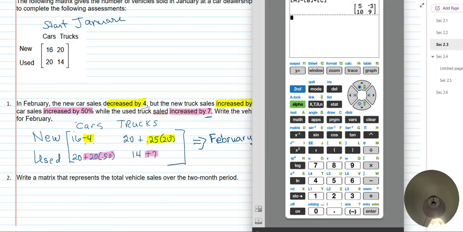So on this one, we do the 20 plus the quarter, 25%, times that 20. So our total is 25.